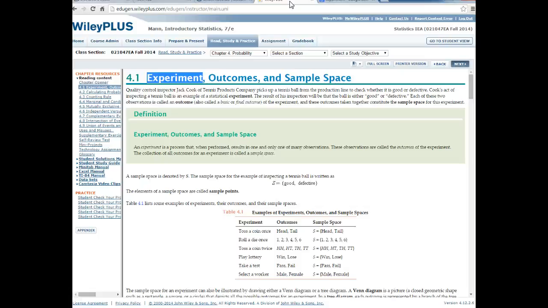So it's not just flipping the coin, it's flipping the coin and recording the outcomes as heads or tails. Because I could do this also. I could take two coins and flip them, and then what am I interested in with those two coins when I flip them? So it could be different things.